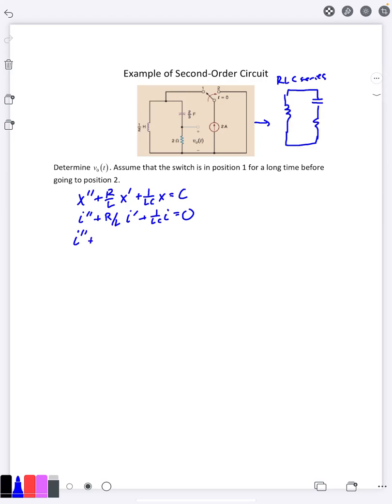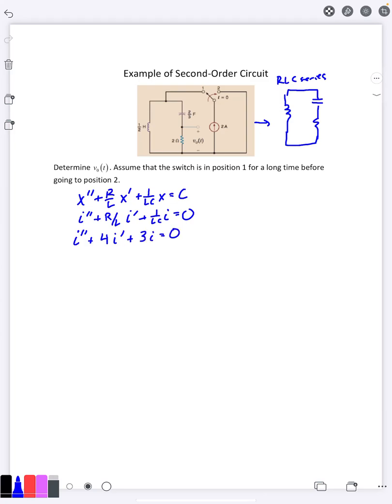So in this case, my R is 2, my L is 1/2, so R over L is going to be 4. And then L times C is 1/2 times 2/3, which is 1/3. 1 over that becomes 3.